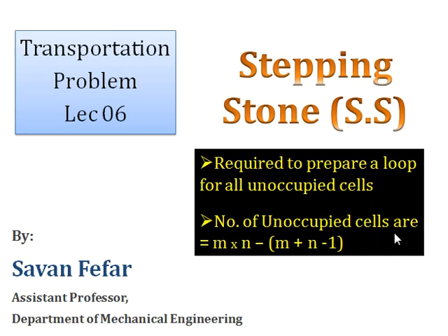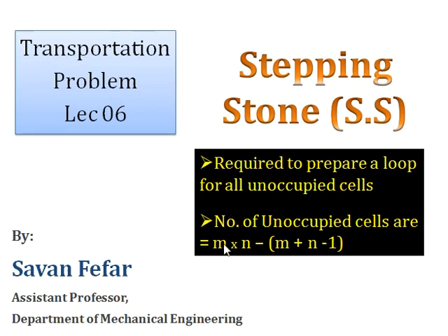The number of unoccupied cells depends on this matrix. As we know, m is the number of rows and n is the number of columns. If you consider an m by n matrix, in that matrix you remove the number of occupied cells, that is m plus n minus 1, which is the condition for the number of occupied cells. If you subtract this, you will get the number of unoccupied cells.